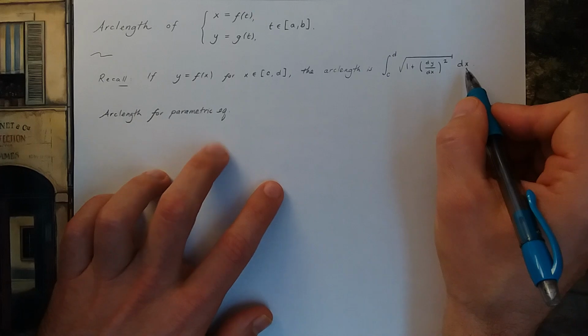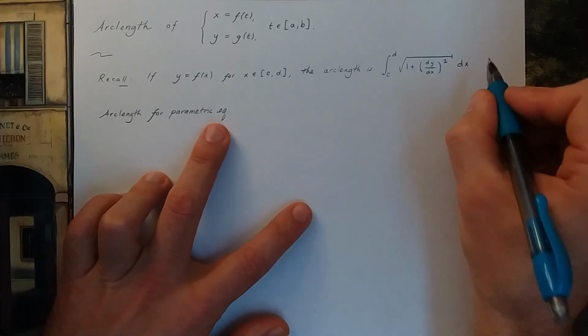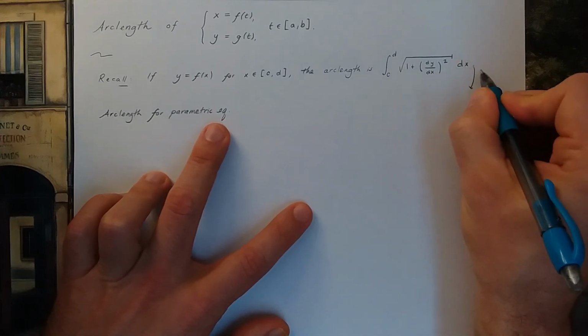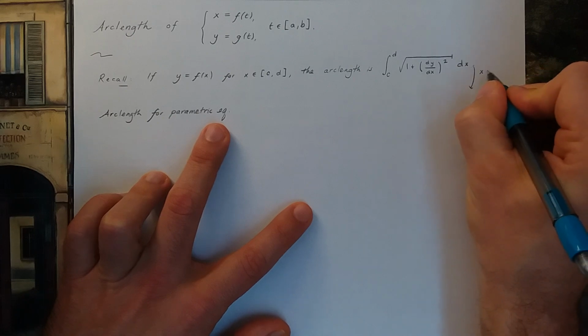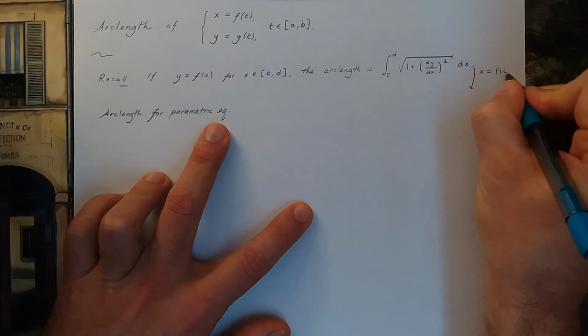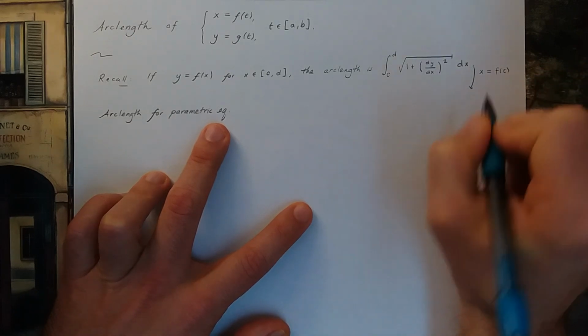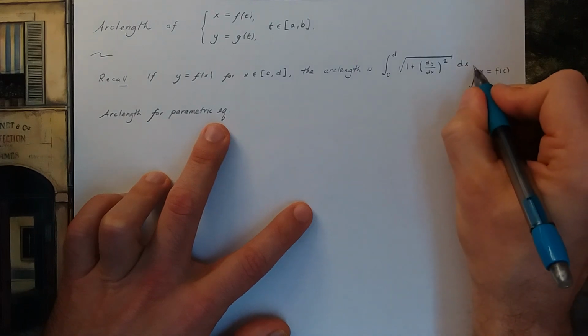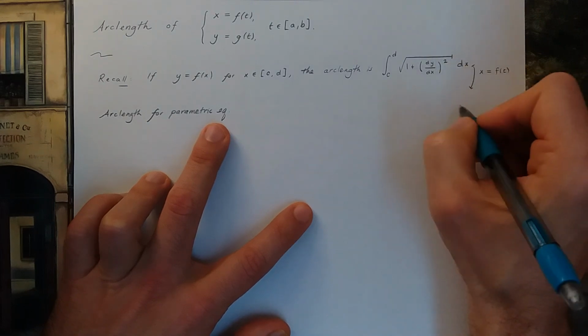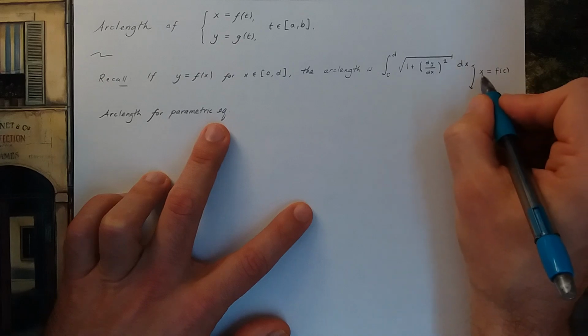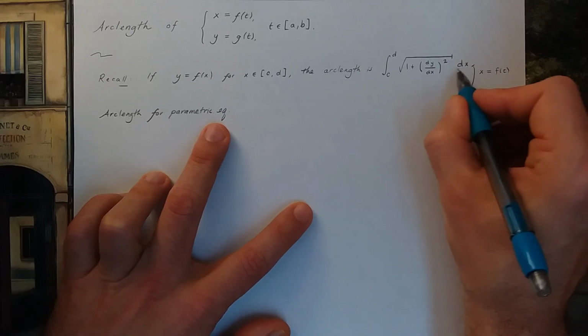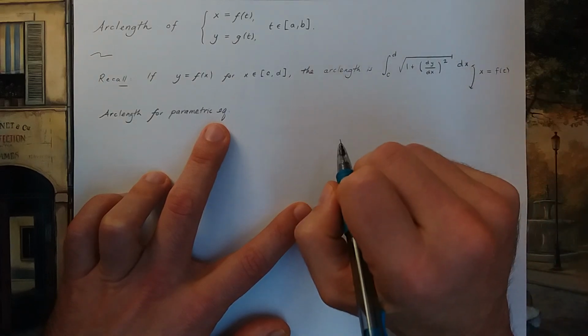So I'm going to do a substitution, like a u substitution, but I'm not going to use the letter u. I'm going to say x is f of t. That's my substitution, and when you do a substitution, turning one integral into the other, you have to change the dx into a dt.